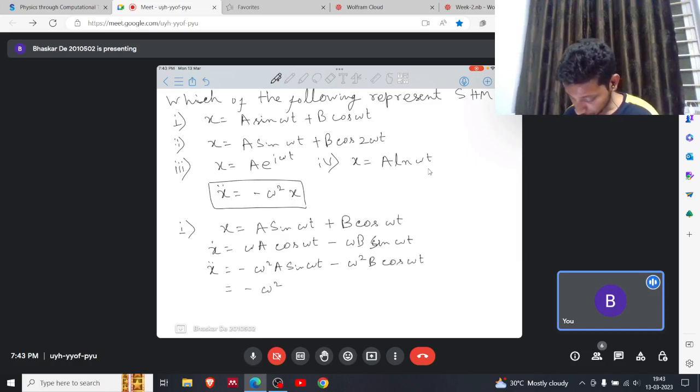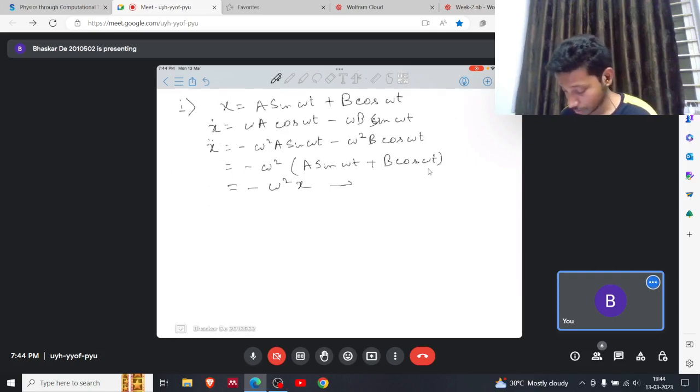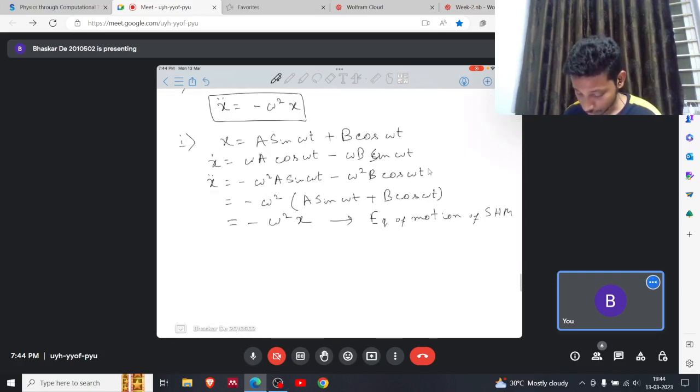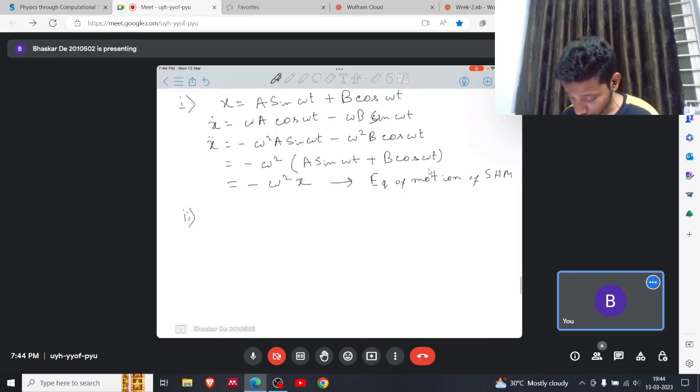If we take omega square common, we are left with minus omega square into a sine omega t plus b cos omega t, which is minus omega square x. So this is the equation of motion of SHM. So the first one is actually an equation for SHM.